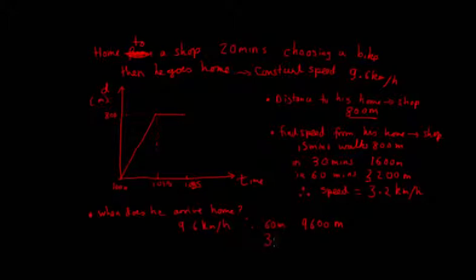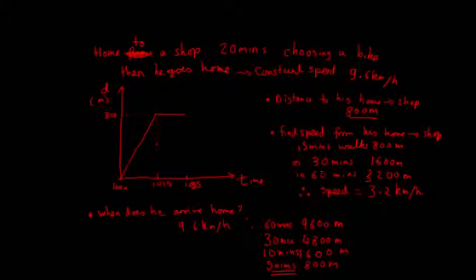In 30 minutes, we'll write it as minutes so it doesn't confuse between minutes and meters, we half that, so that would be 4,800 meters. In 10 minutes, we divide that by 3, it would be 1,600 meters, and half that again, so in 5 minutes it would be 800 meters.